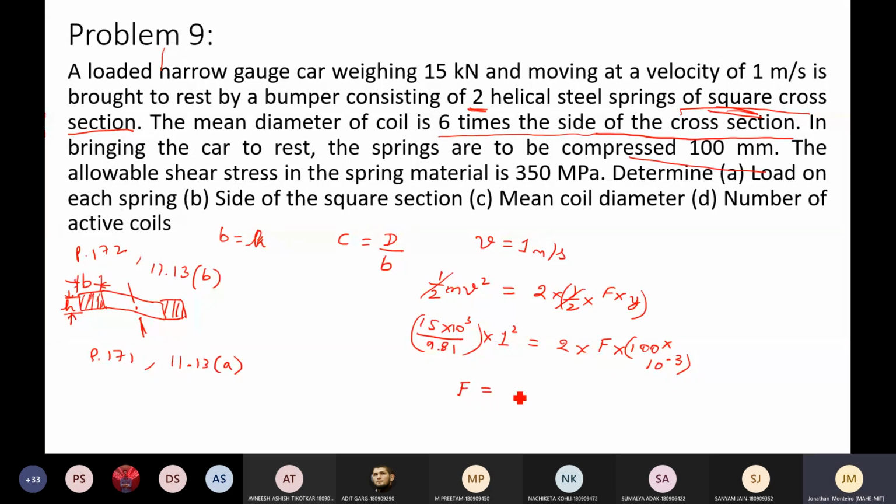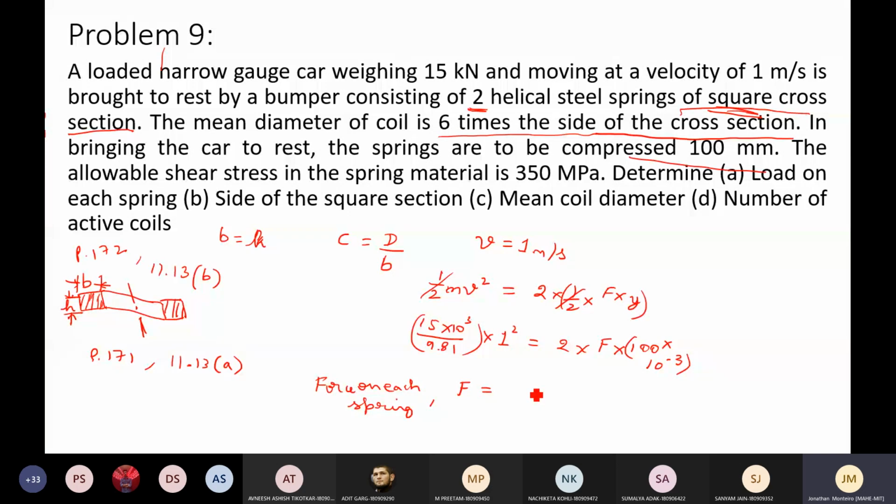So isolate F. What is the force on each spring? F means the force on each spring. They are identical, correct? So both should be the same. I need not write F1 and F2 because both are one and the same.